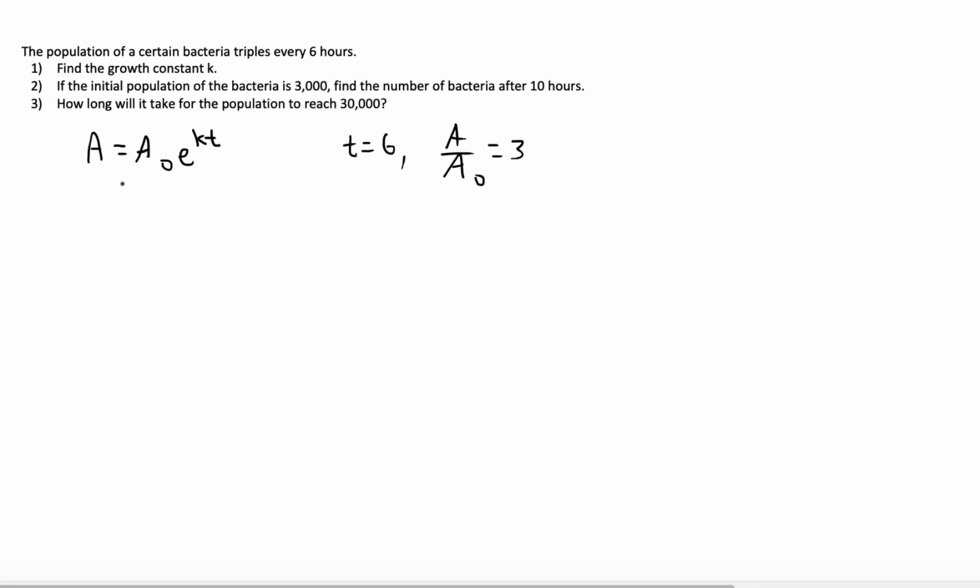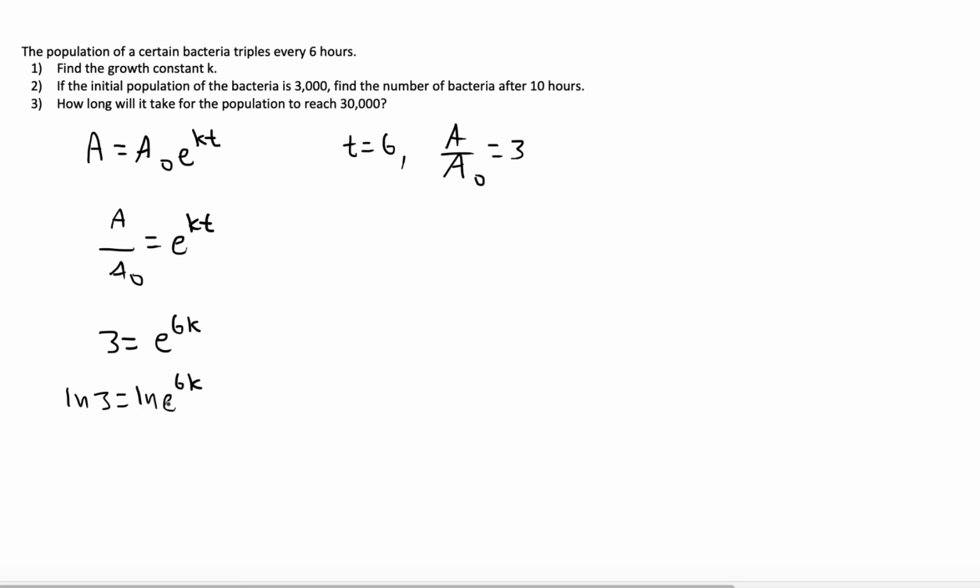So we can actually do that. A divided by A naught is equal to e to the kt power. And this is just equal to 3 when t is equal to 6. So 3 is equal to e to the 6 times k. Now at this point, we can take the ln of both sides. So the ln of 3 is equal to the ln of e to the 6k.